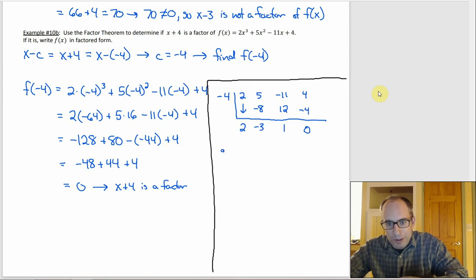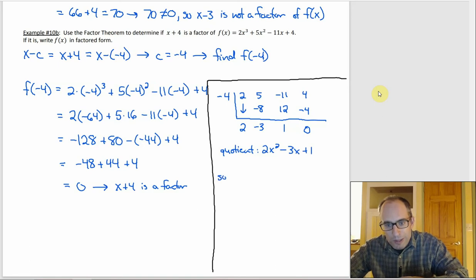Well, that means that our quotient, with the 2, negative 3, and 1 down here, is going to be 2x squared, one degree down from the original since we're dividing by a polynomial of degree 1, minus 3x, and then plus 1.